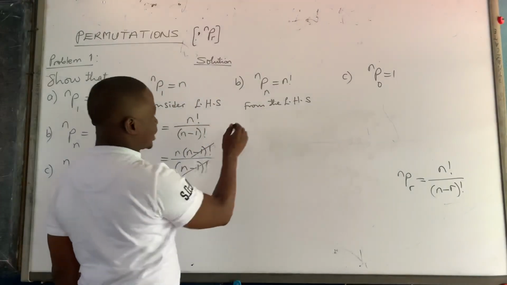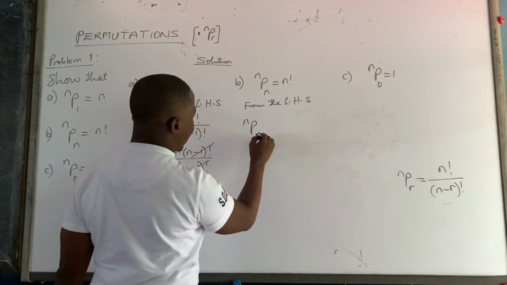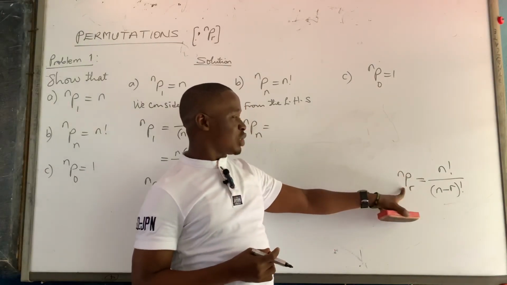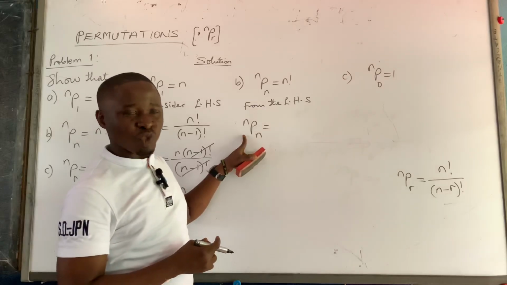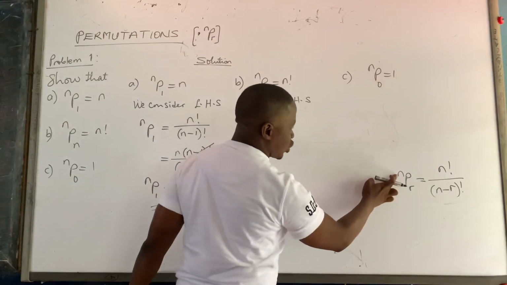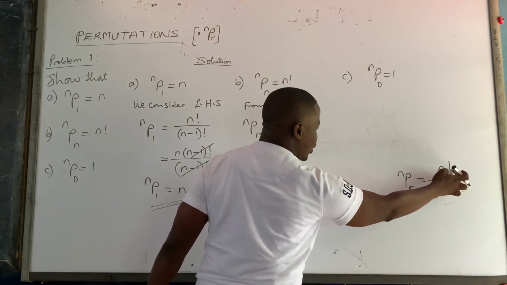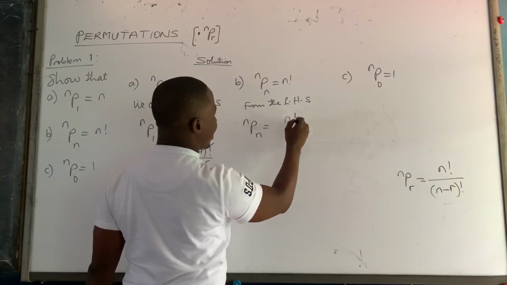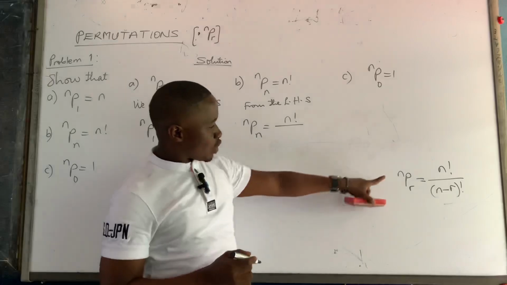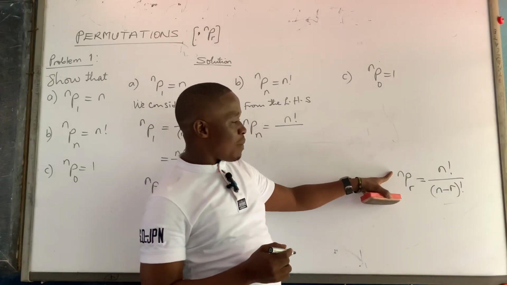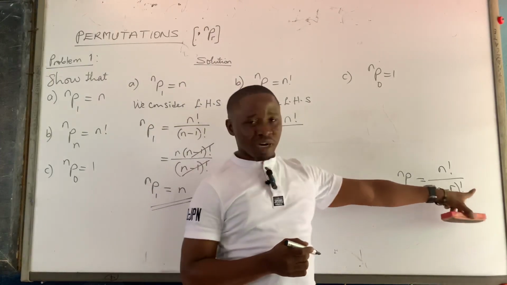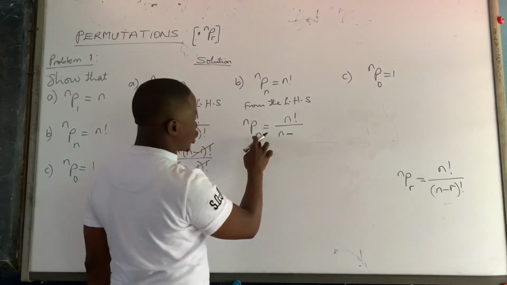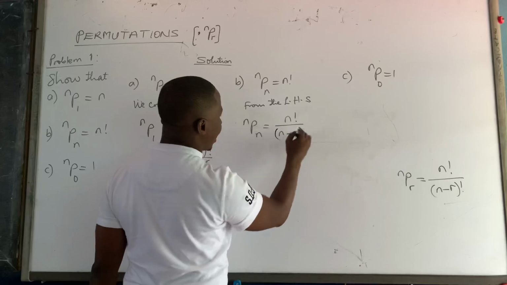What do we have on the left hand side is n permutation n. If this is generally the formula for permutation, now this is what we have to work for. What we have at the top, n, takes the numerator with a factorial. The superscript minus the subscript with a factorial. The superscript here is n minus the subscript n with a factorial.